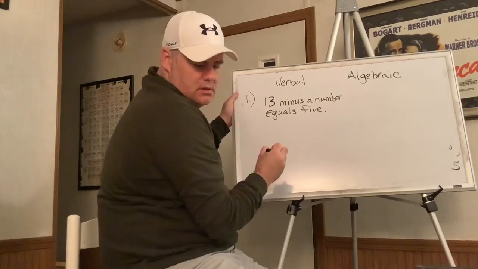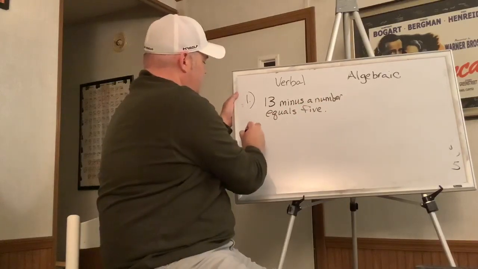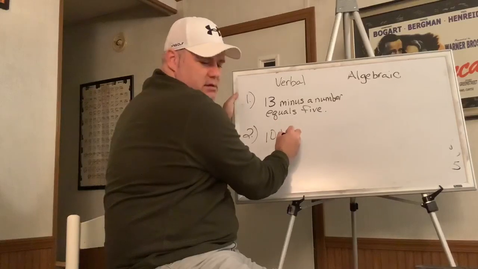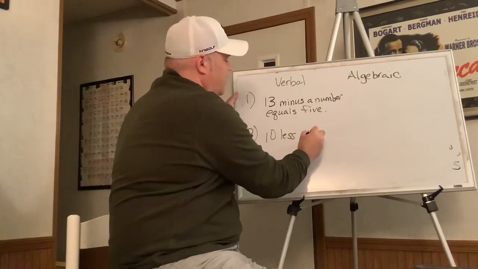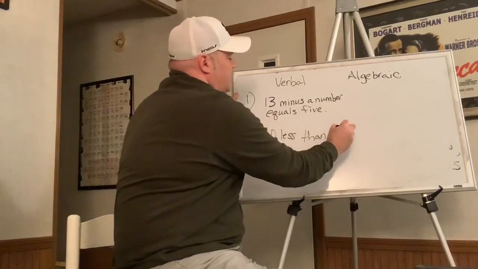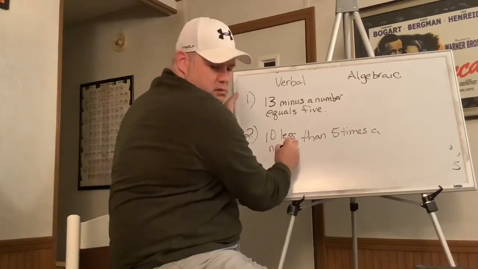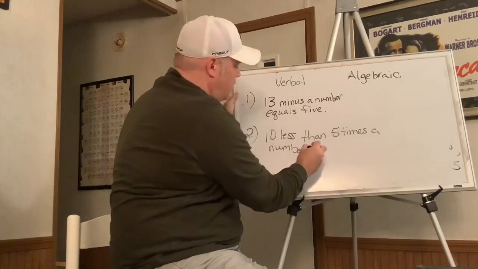Okay. And I spelled that one out. Then 10 less than 5 times a number is 20.